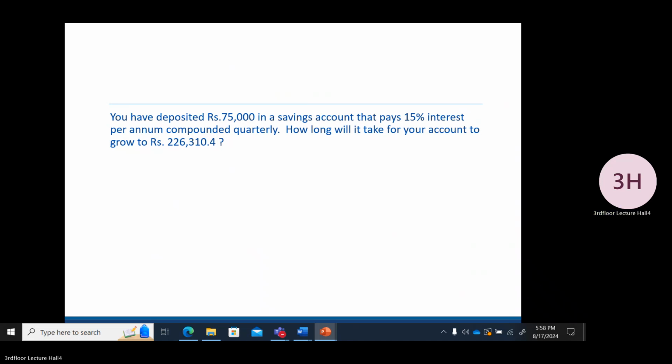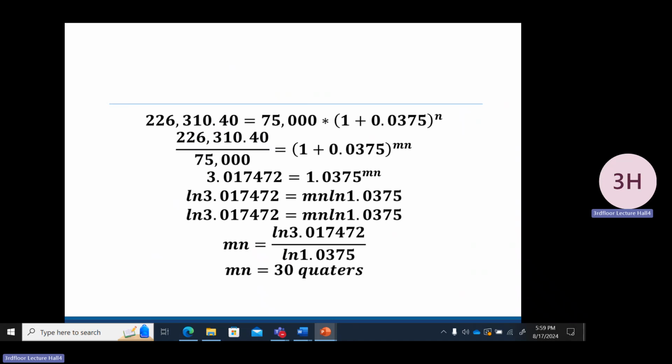So X is equal to this divided by log 1.0375. How much is this? Is it 30? So X is 30.